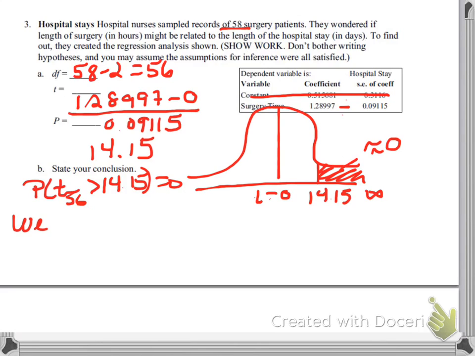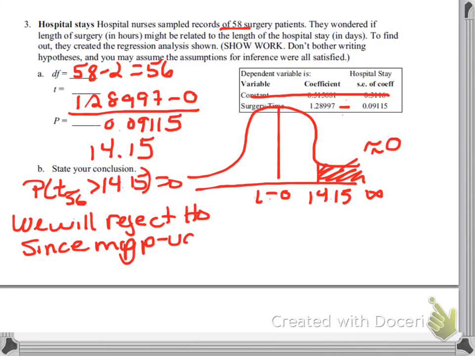So we will reject H0 since my p-value of 0 is small. So if I'm rejecting it, that means I'm going with HA. Remember, HA is that there is a relationship. So what is this about? I don't even know what it's about. They wonder if the length of surgery might be related to the hospital stay.